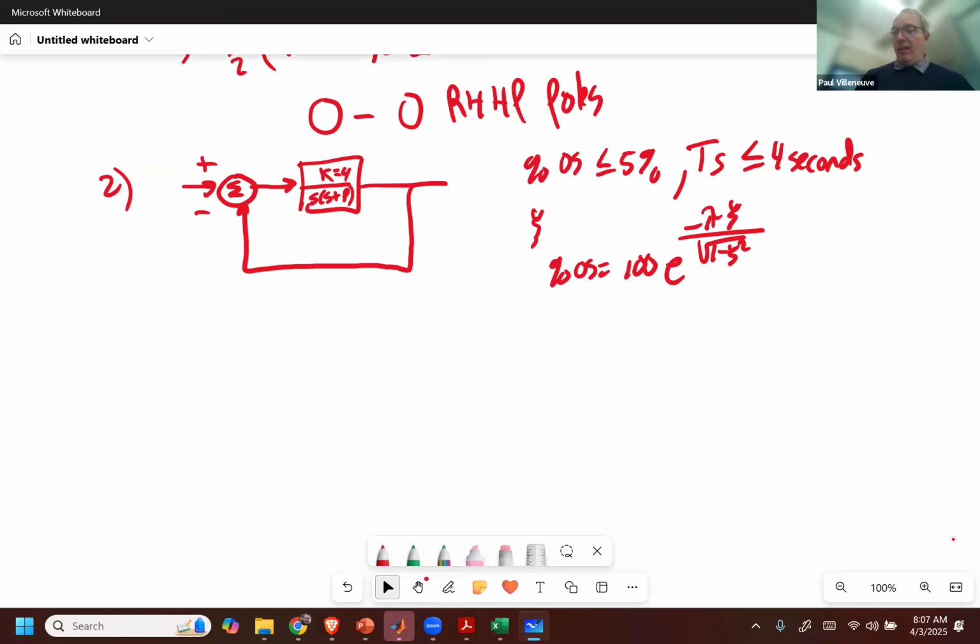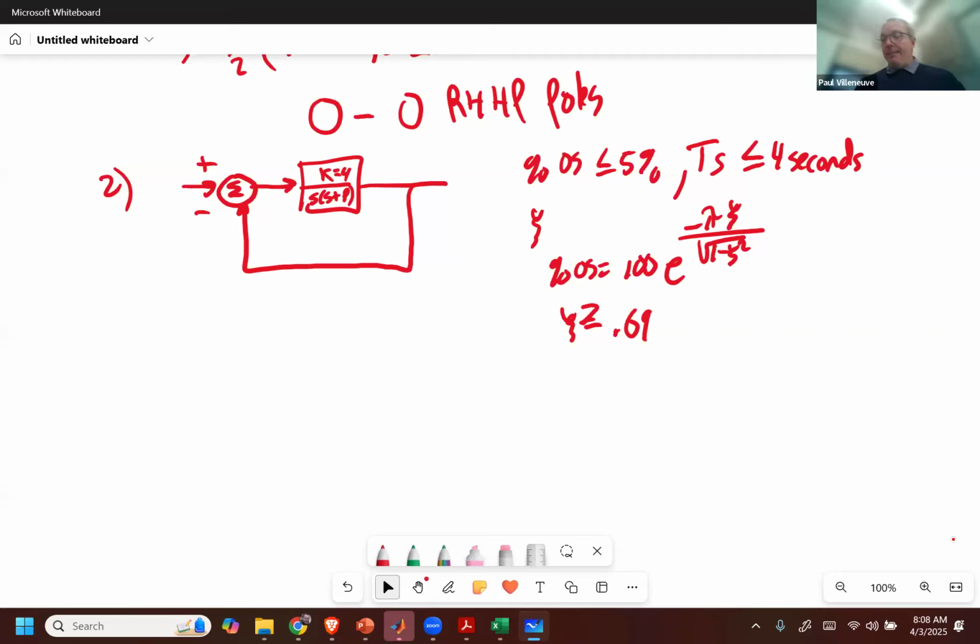When you do that, zeta is going to be greater than or equal to 0.69. It can't be less than that, because less than that means less damping, so it has a potential to overshoot. So your zeta term is going to be greater than 0.69.